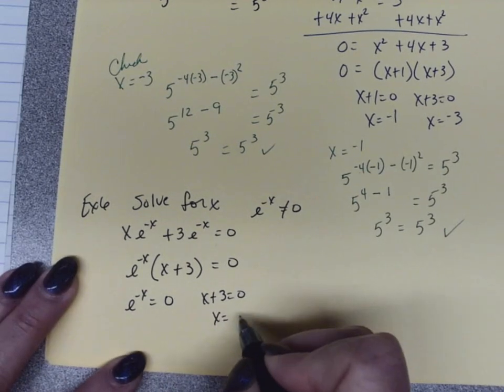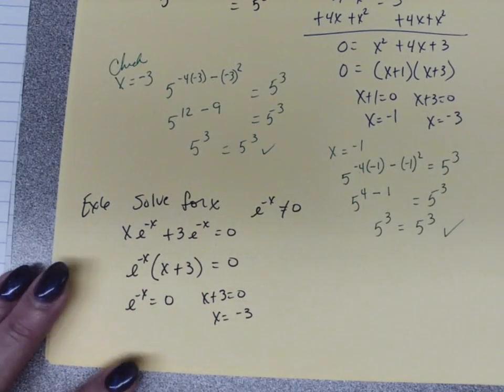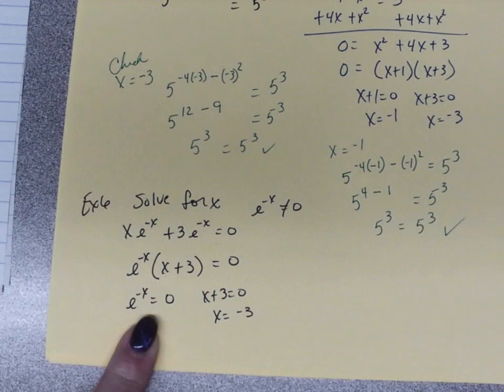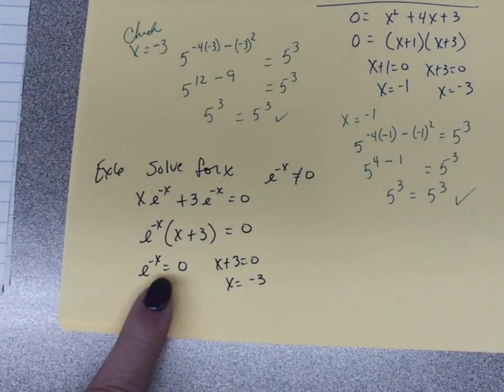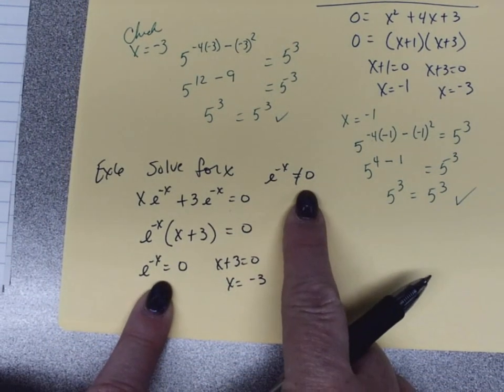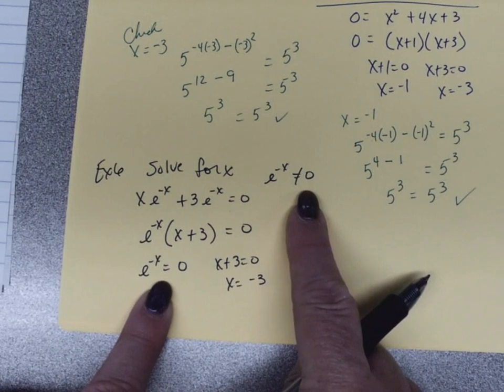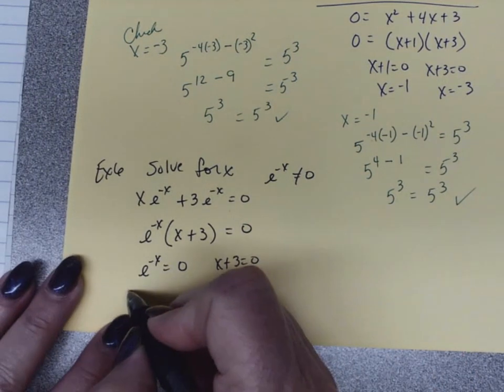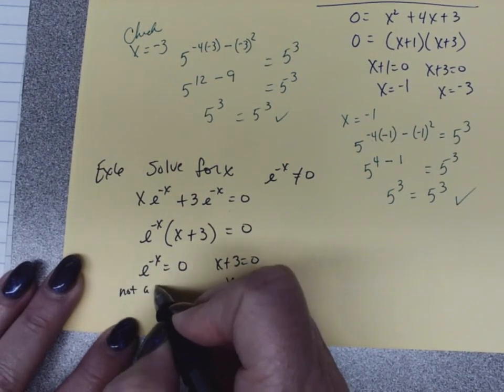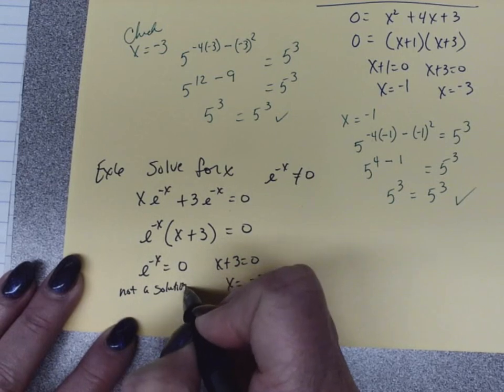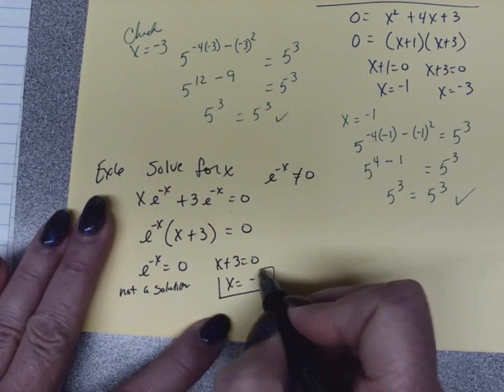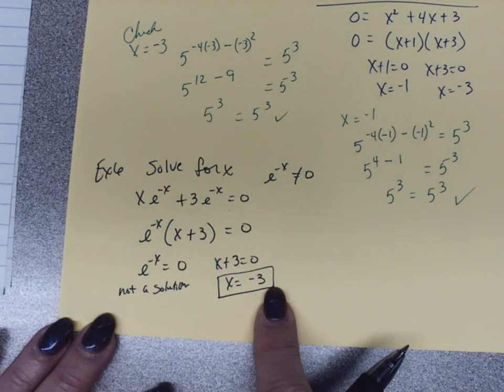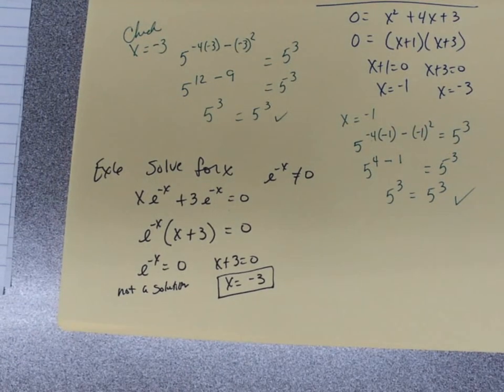We'll solve this one to get x equal to negative 3. Now, e to the negative x cannot be a solution because we were told e to the negative x cannot be 0. So this one is not a solution. But x equals negative 3 can be a solution.